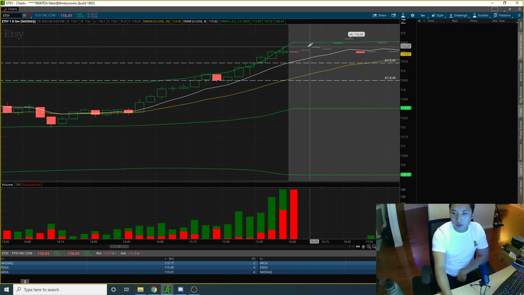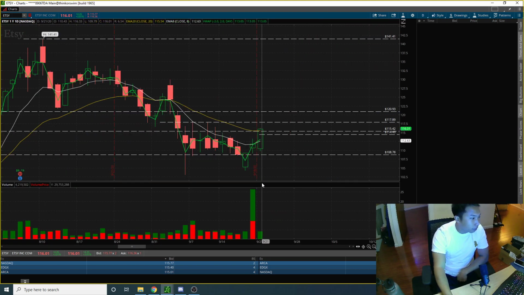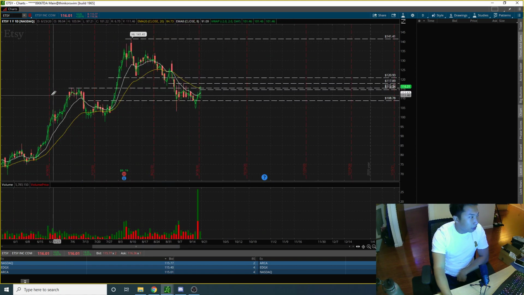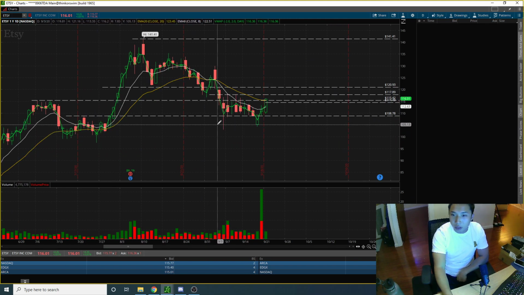So when we close above a daily level, it might mean something. And the fact that we had this huge volume means that this stock was something to look at. And it seemed as if we didn't want to go lower as we bounced off of the previous support zone. So we could possibly reverse.